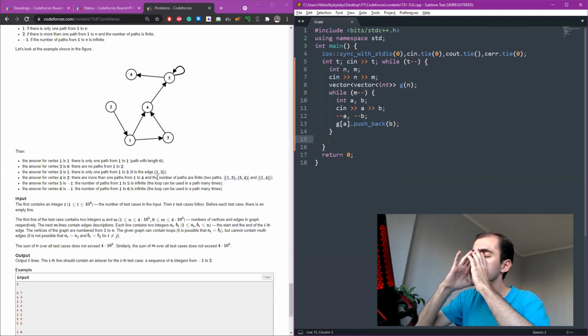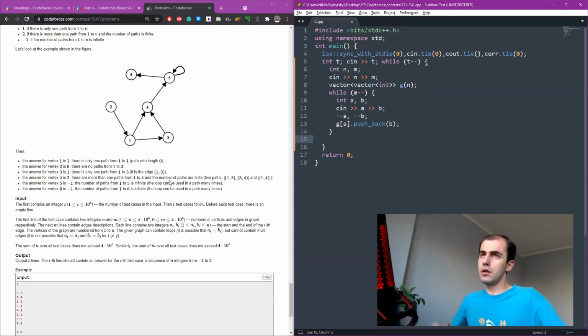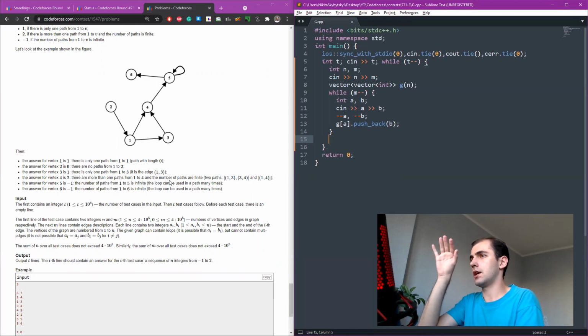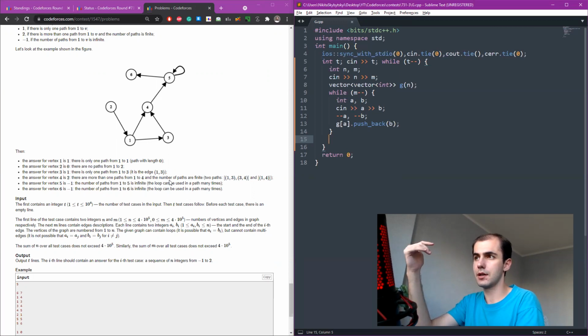Ideally you would like to find a topological ordering, but there may be no topological ordering. Another thing you may want to do is dynamic programming of the following form. Normally, if you have a directed acyclic graph, then the number of paths is finite and can be computed via dp. It's good.